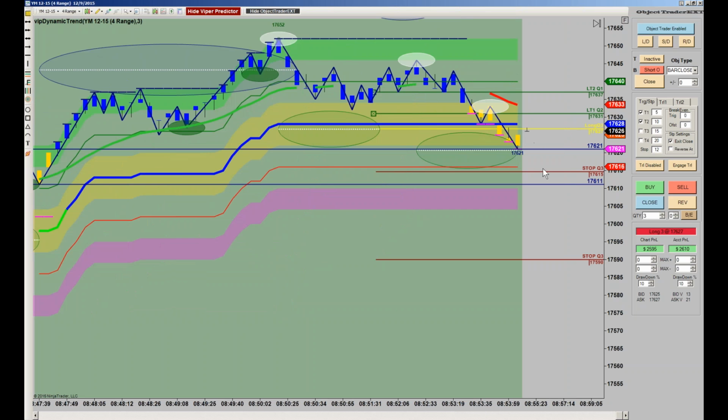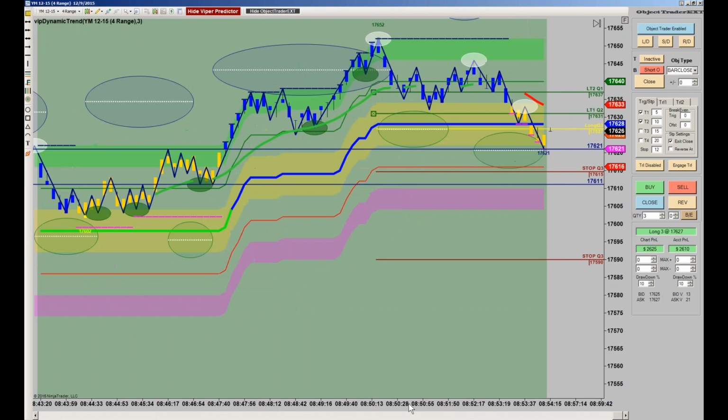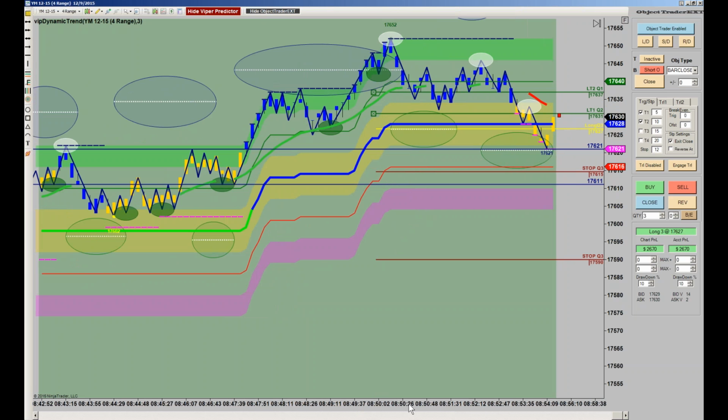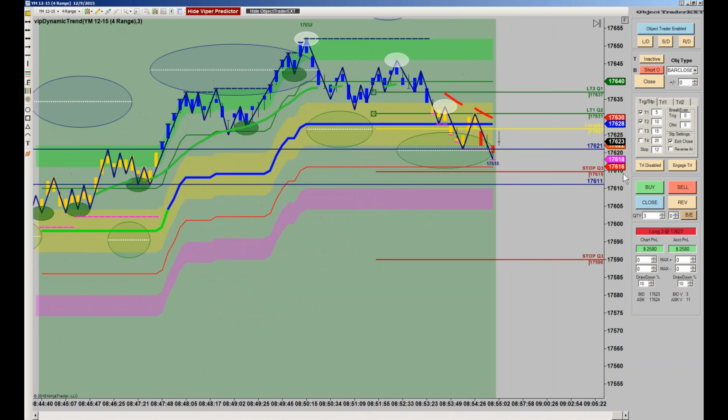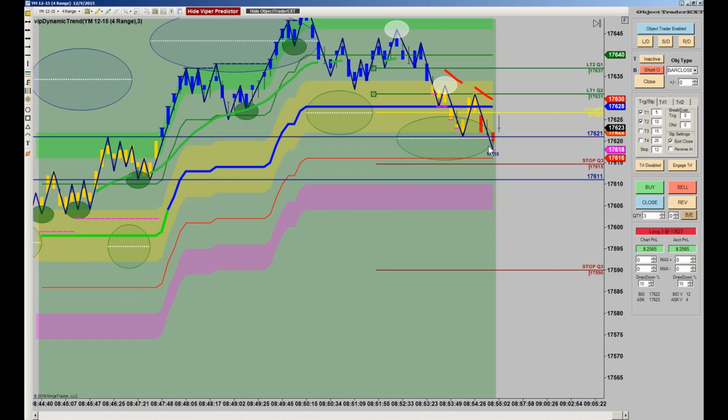No scalp yet, so we don't have our stop moved. Still didn't get a scalp. Now, where do we say it can't go below? Well, it can't go below that secondary swing if it's going to stay going up. If we get a scalp, we'll go ahead and bring our stop as soon as we get a lightning forming.